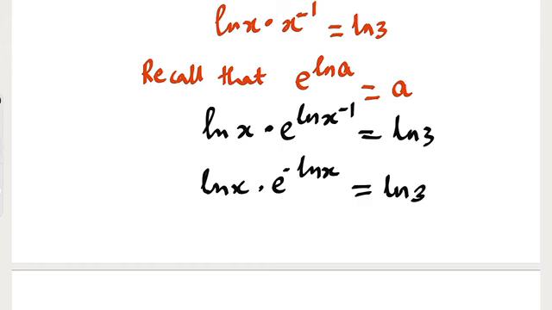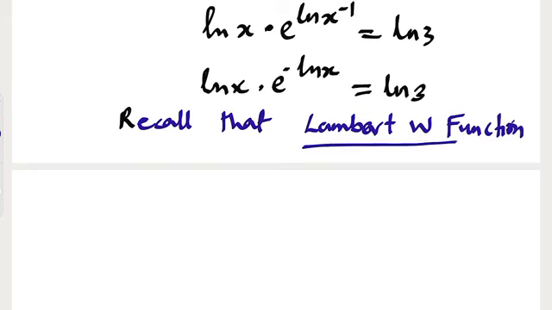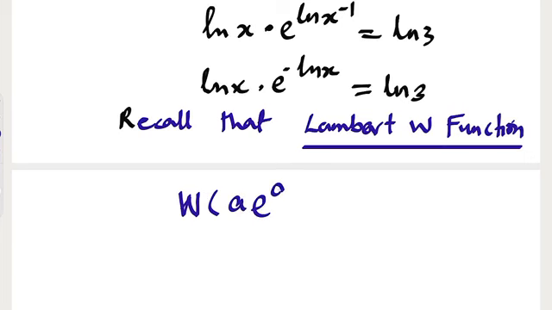Now let's recall that the Lambert W function states that when you have W function of a e to the power of a, you know that this will give us a.